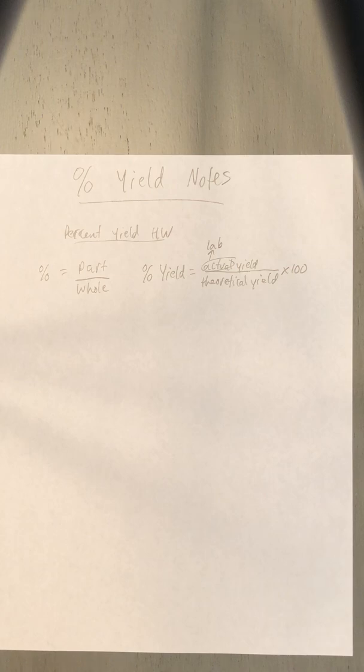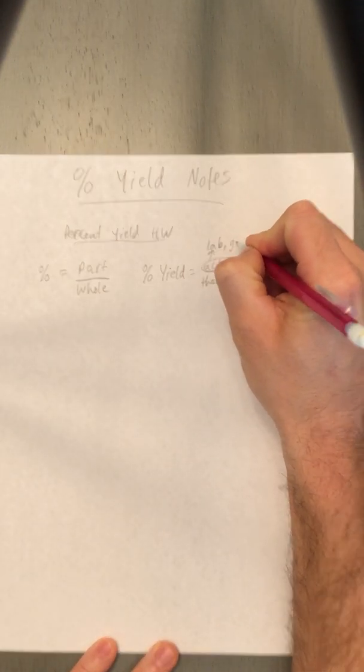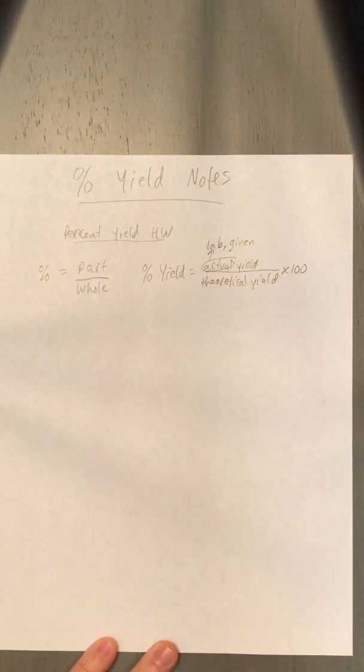We can't do that, so you're going to be given the actual yield within the problem, on a test or quiz or on these worksheets. It'll be given to you.